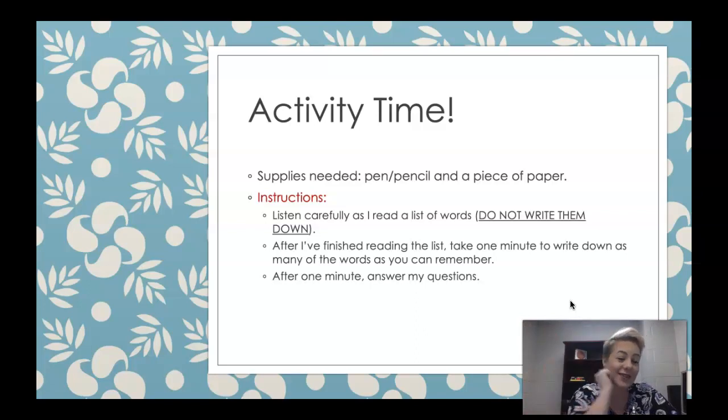So try not to look at the screen while I'm reading them, so we can just illustrate the point of this next memory and time issue. After I finish reading this list, remember, don't write those words down as I read them. When I finish reading the list of words, take 1 minute to write down as many of the words as you can remember.